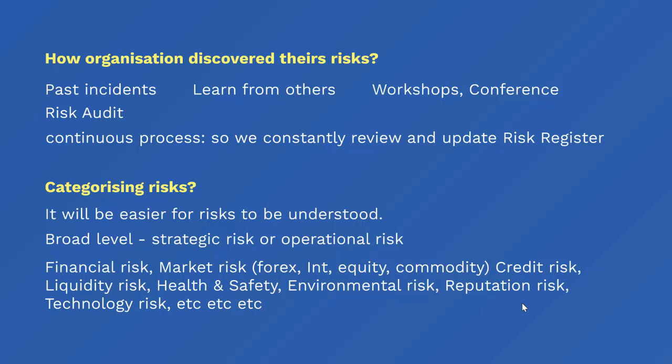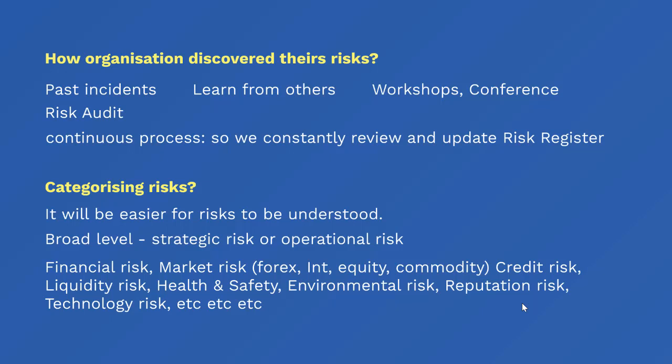We have financial risk, we have market risk, and market risk can be divided into different types: foreign exchange risk, interest rate risk, equity price risk, commodity price risk, like petrol price going down, that's commodity. Palm oil, sugar, oil, this kind of thing. Now, credit risk, liquidity risk, health and safety, environmental, reputation, technology, and so on.